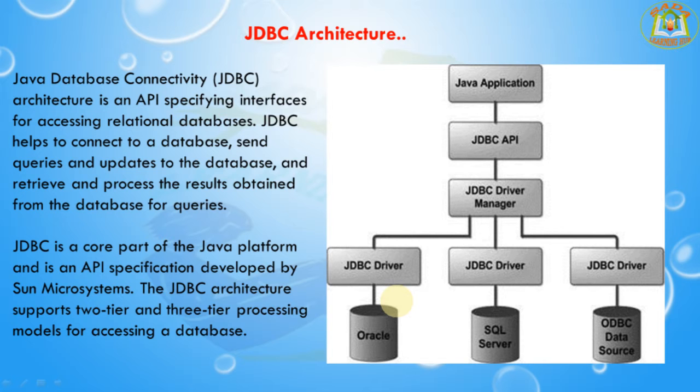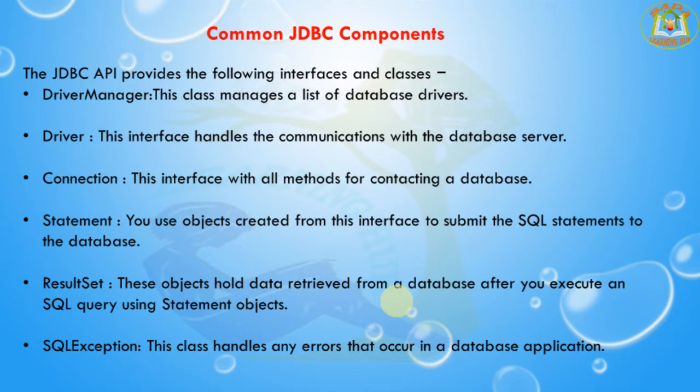Next, I'm going to discuss the common JDBC components. The JDBC API provides the following interfaces and classes. The first one is DriverManager, which manages a list of database drivers. The second is Driver, which handles the communications with the database server. The third is Connection, which has all the methods for contacting a database.